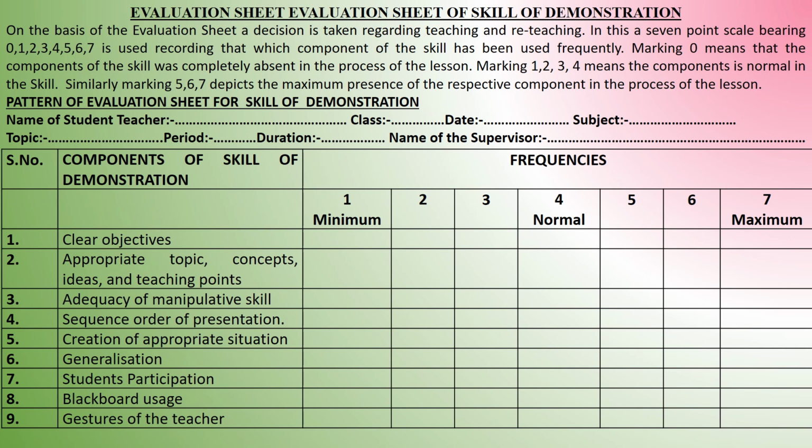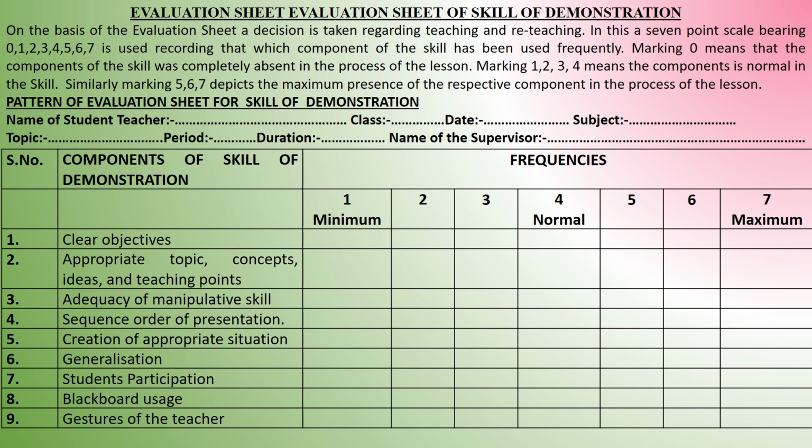The components of demonstration skill of micro teaching are clear objectives, appropriate topic, concept, ideas and teaching points, adequacy of manipulative skill, sequence order of presentation, creation of appropriate situation, generalization, student participation, blackboard usage, gestures of the teacher.